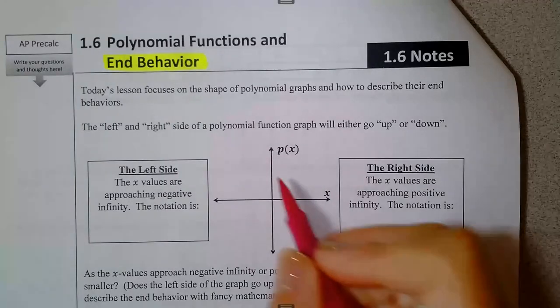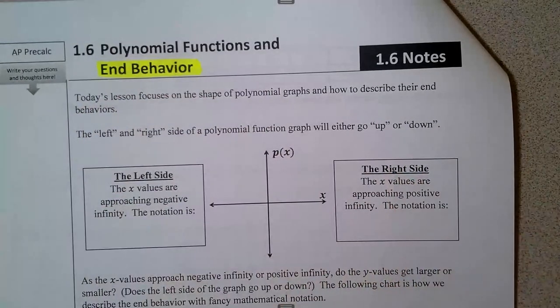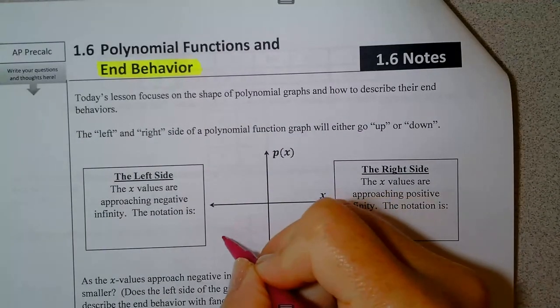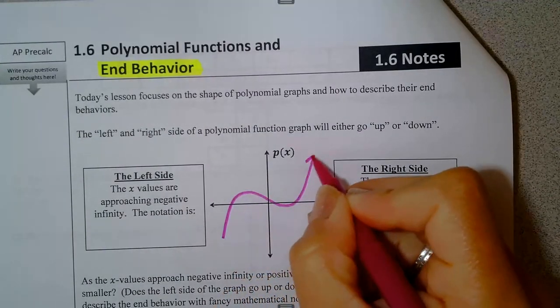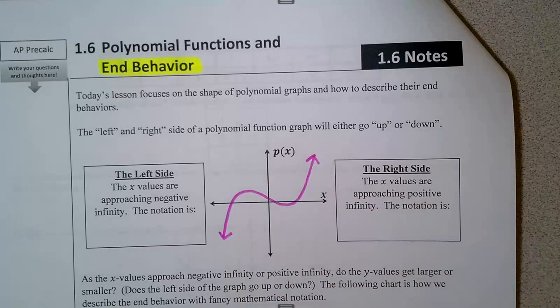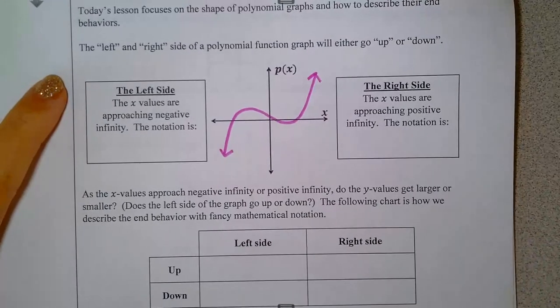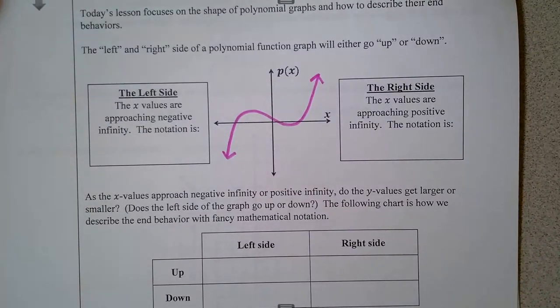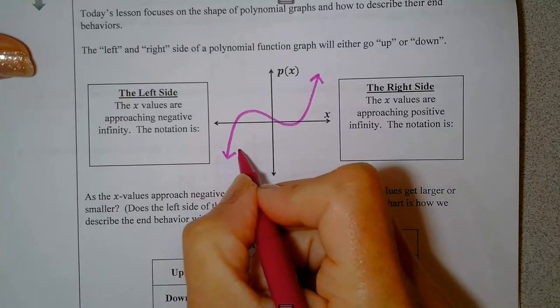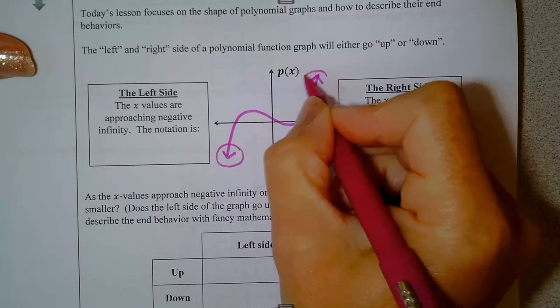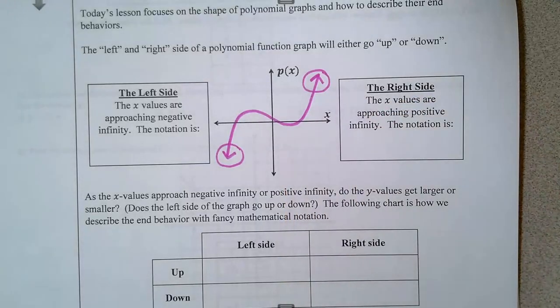So let's pretend we have this P of X, and it's like a cubic graph. What this means is you're looking at these arrows. What happens on the left, what happens on the right?